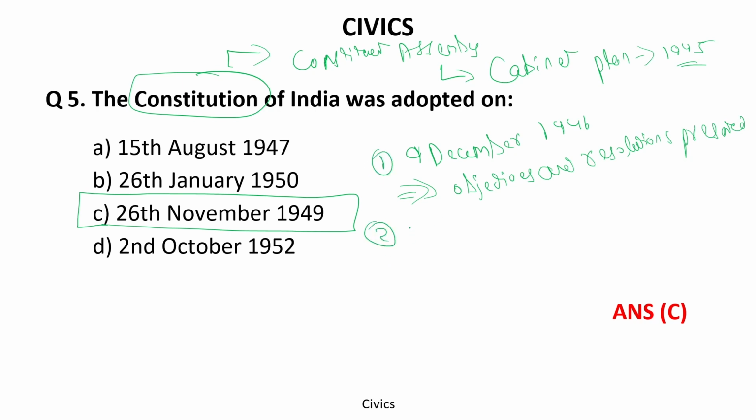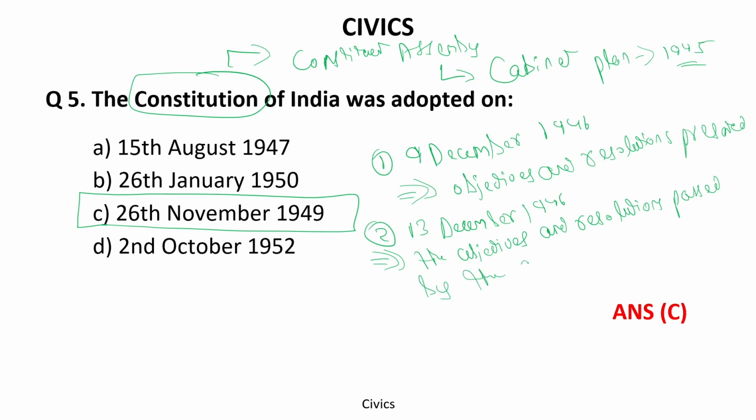Second was 13th December 1946, when the objectives and resolutions were passed by the assembly.